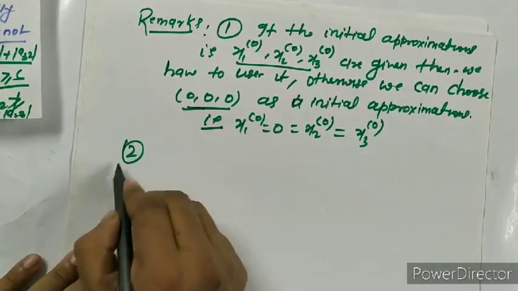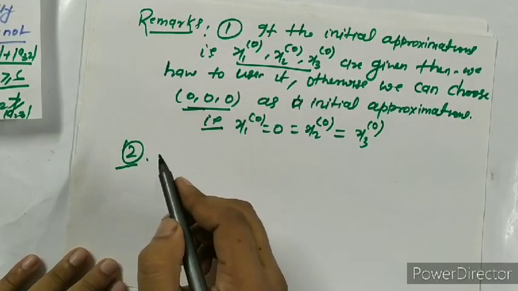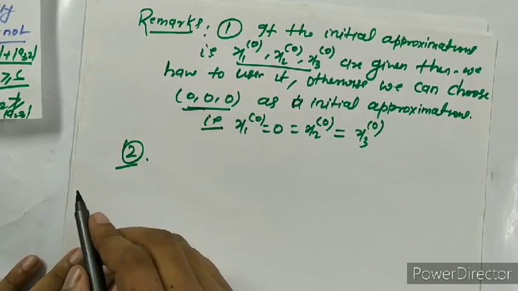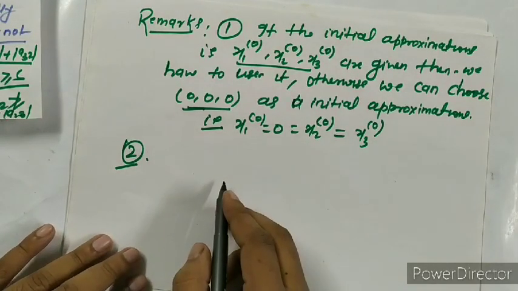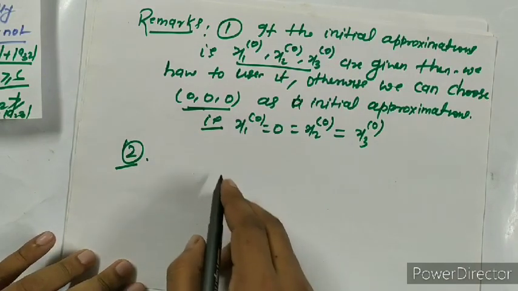again second remark is a sufficient condition for convergence of the Gauss-Seidel method when the method is converged fastly if the system of given equation is diagonally dominant.